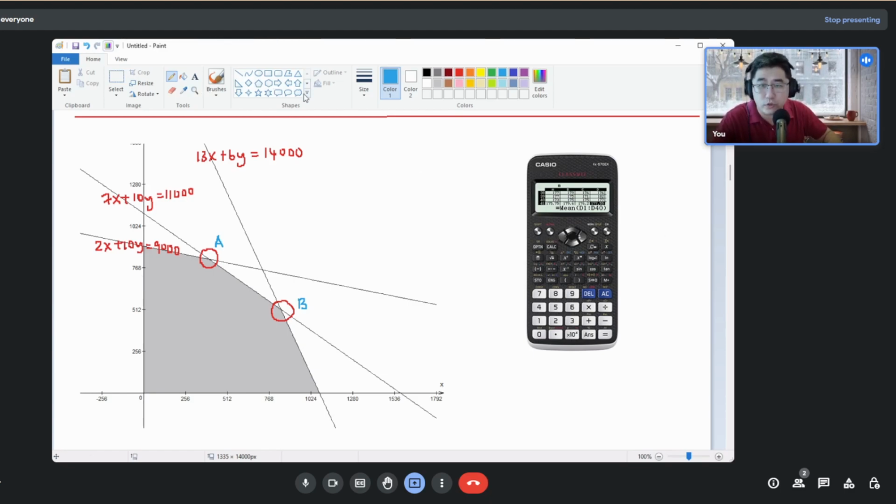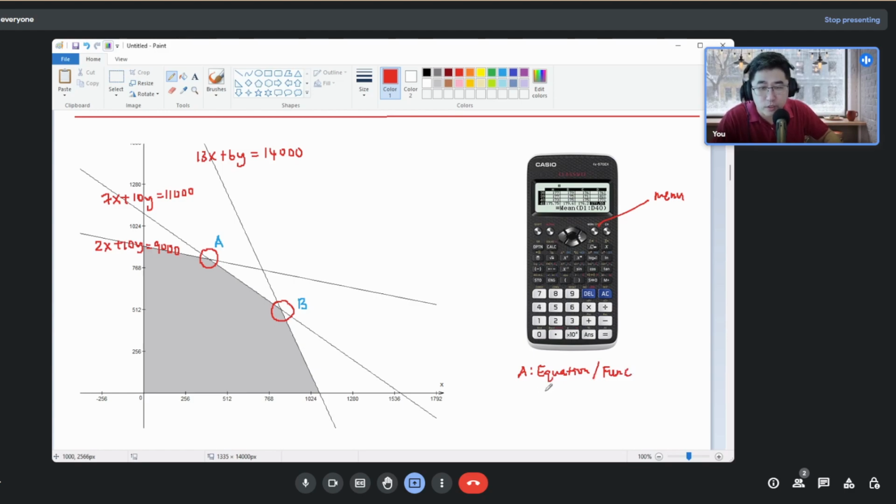First we press menu. After menu, you move the cursor around, then you will see the equation function. You select that, then press the equal button.